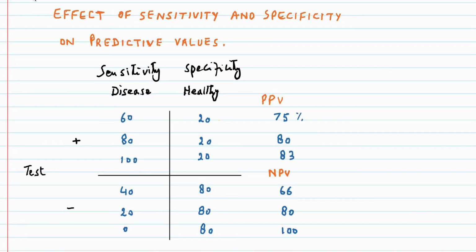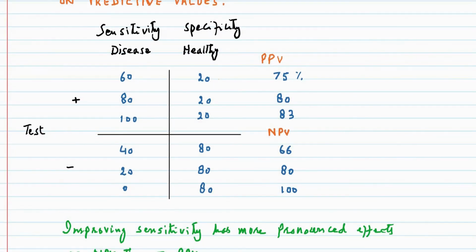We have seen how change in prevalence of disease affects the predictive values. Another factor that affects the predictive values is sensitivity and specificity of test. In this example, we can see if the specificity of a test is held constant, increase in sensitivity of test leads to corresponding increase in negative predictive value.